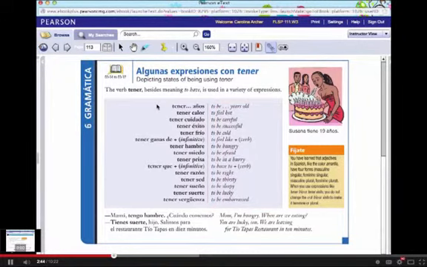One very common mistake that people make is when they are talking about age and they want to use the verb to be in Spanish. In Spanish we do not say yo soy 40 años. We use the verb tener. So all these expressions that we use the verb to be in English, we use the verb tener in Spanish.